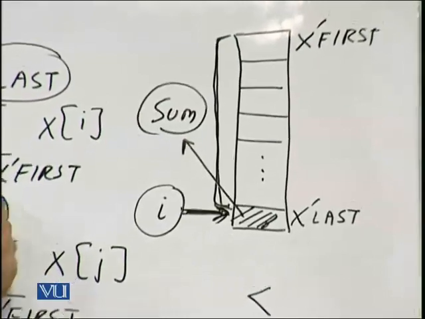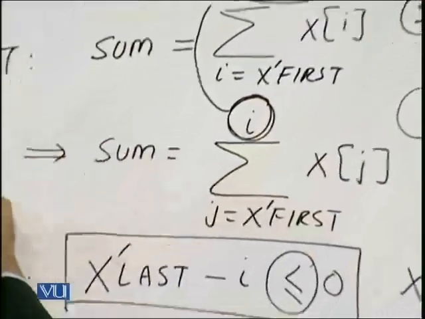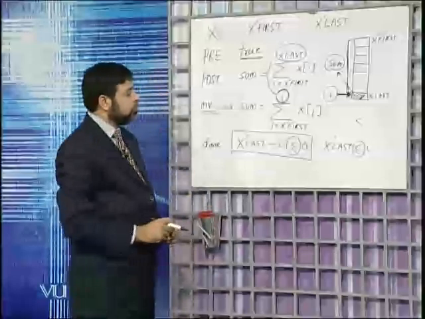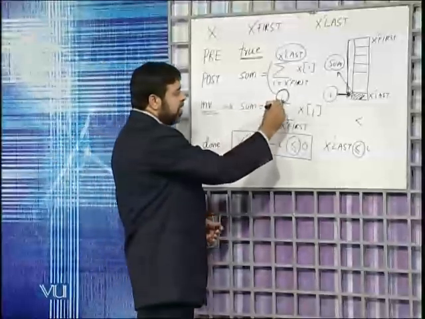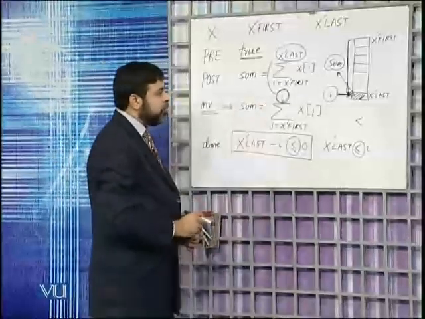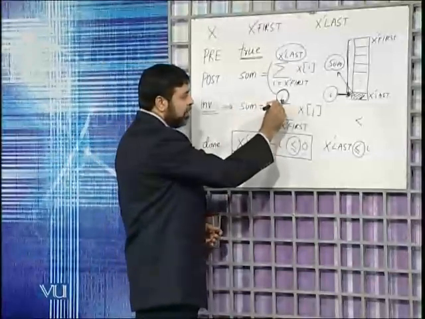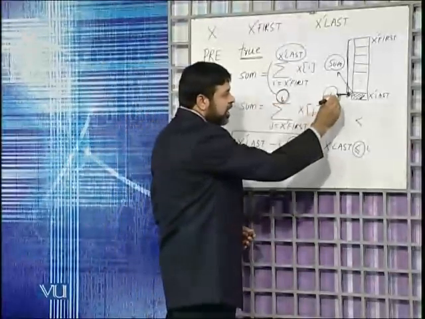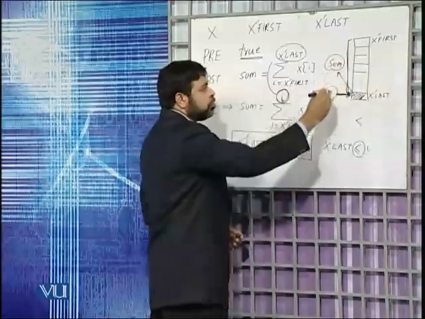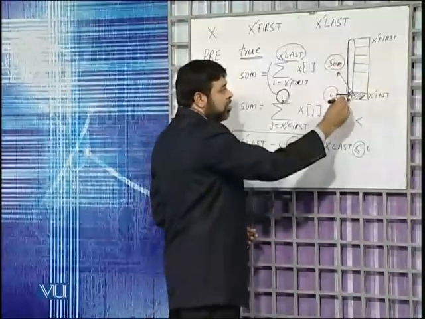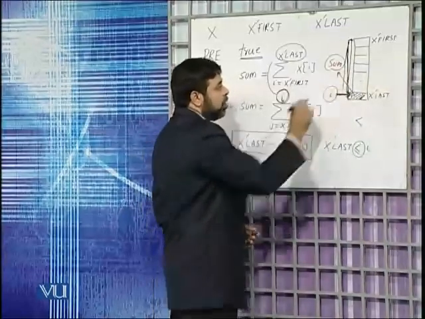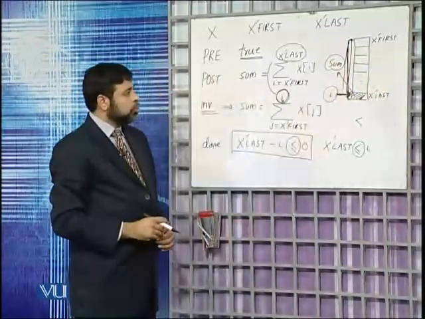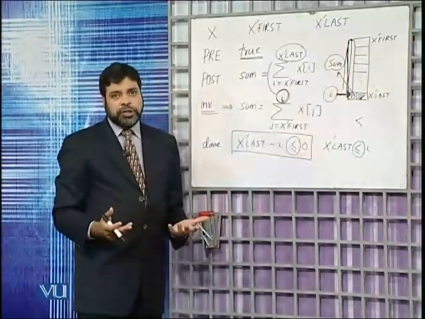So when I look at this invariant condition in this particular case, if I write I here, that means when the value of I is x last, at that time it should include all the elements from first to I. So there are two different cases here.